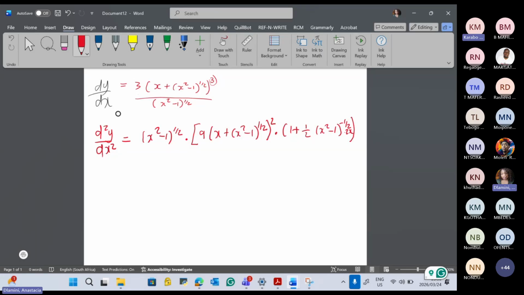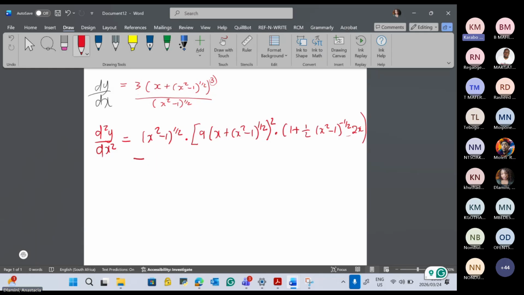Am I right? Yes, you're right. Wait, what about the inner function, the x squared minus 1? That's the 2x. Or maybe let me write it here. 2x. Oh, okay.